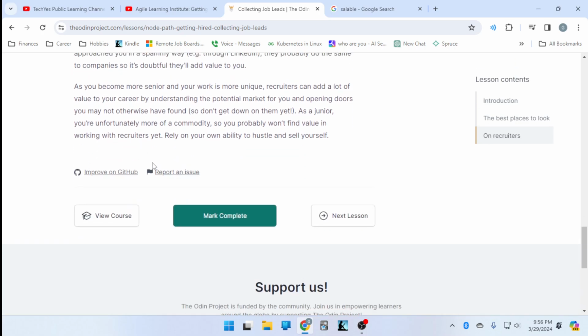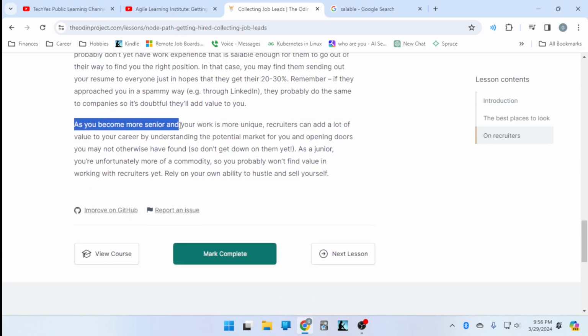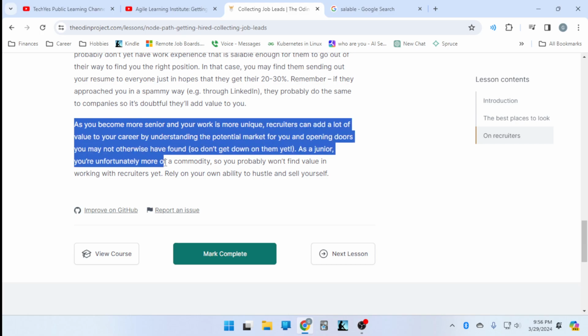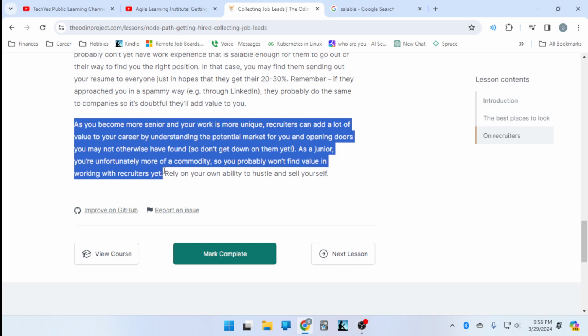So as you become more senior and your work is more unique, recruiters can add a lot of value to your career by understanding the potential market for you and opening doors you may not otherwise have found. So don't get down on them yet. As a junior, you're unfortunately more of a commodity, so you probably won't find value in working with recruiters yet.